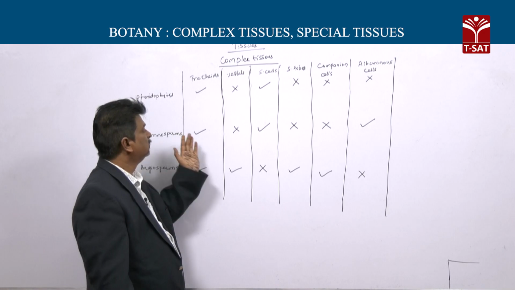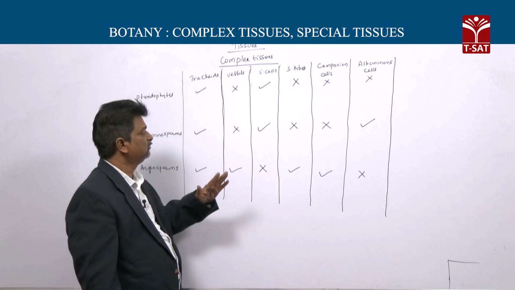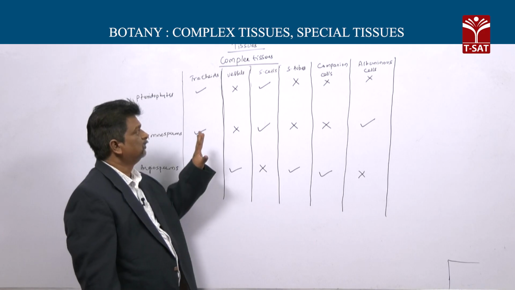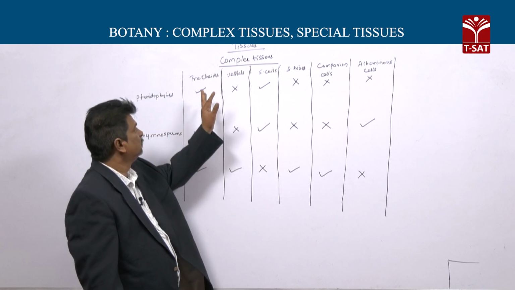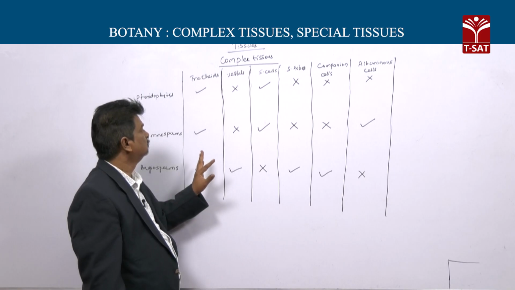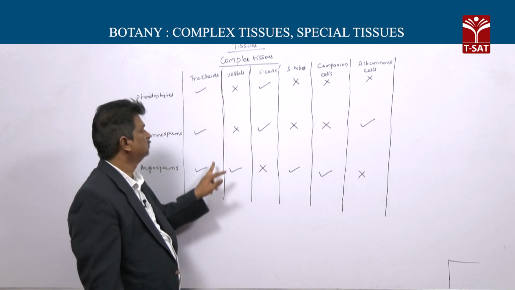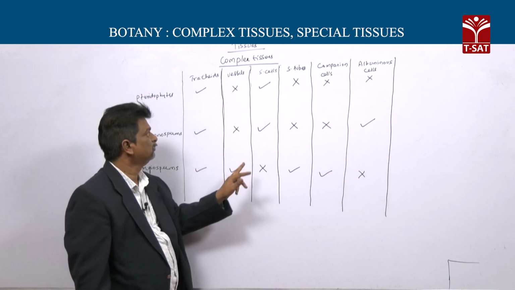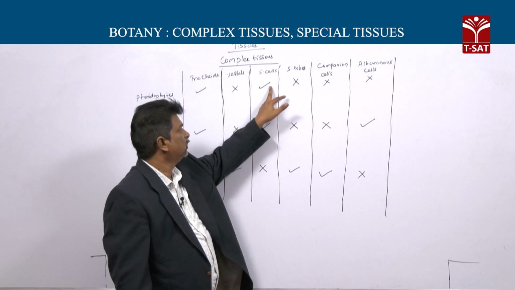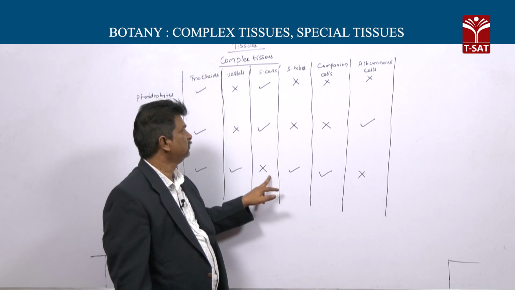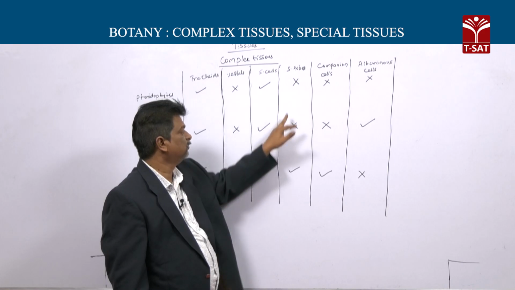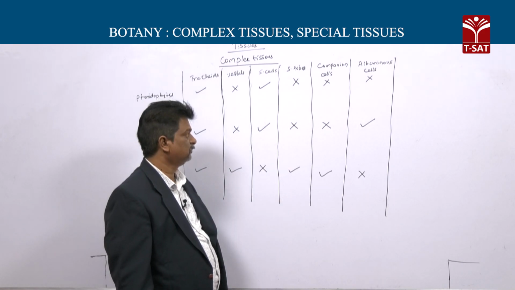So these are conducting cells of xylem and phloem. So one small point: primitive conducting cells in xylem, tracheids. Advanced conducting cells in xylem, vessels. Primitive conducting cells in phloem, sieve cells. Advanced conducting cells in phloem, sieve tubes.